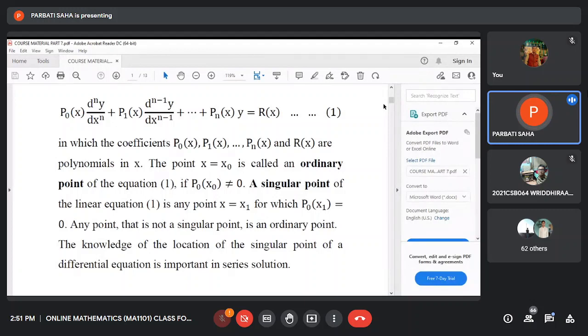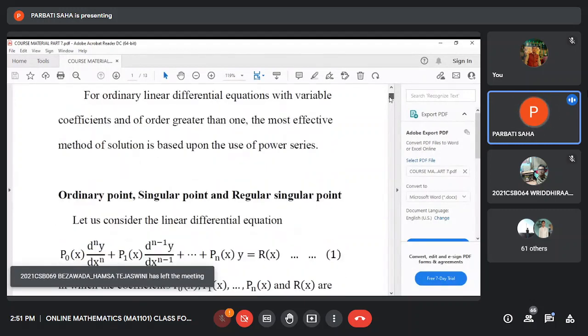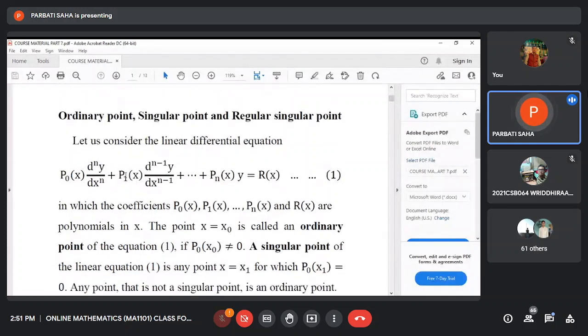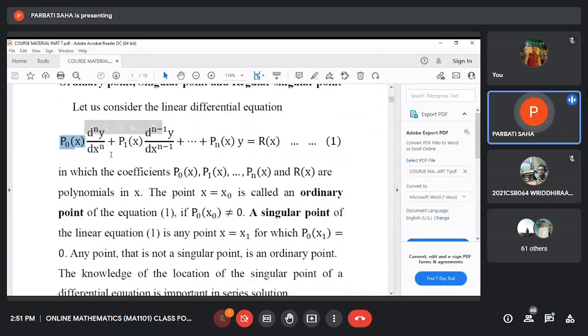Okay, I was talking about ordinary point and singular point. Ordinary point means the coefficient P0x, which is the coefficient of the highest order derivative, becomes non-zero at an ordinary point. And if it becomes zero at some point, say x equals x1, then x1 will be called a singular point.